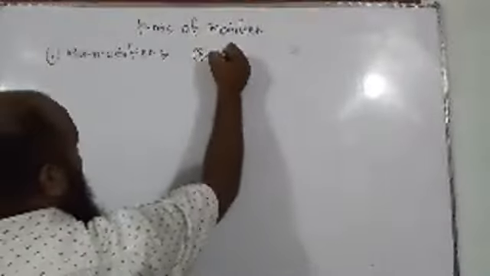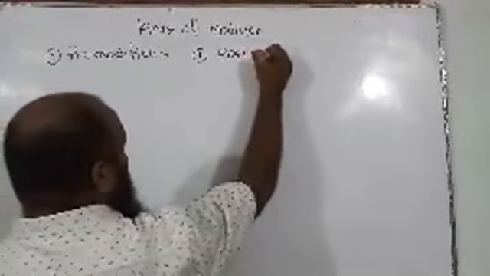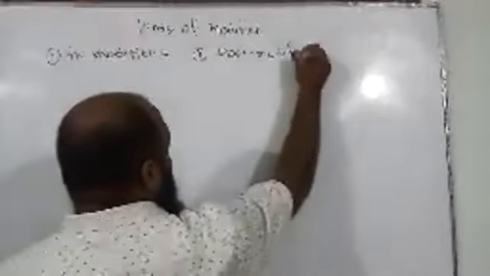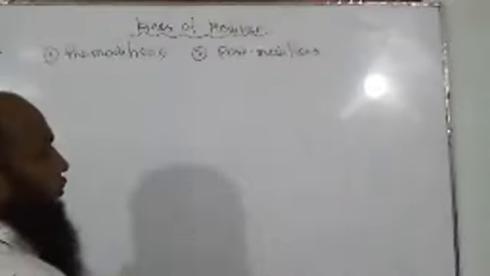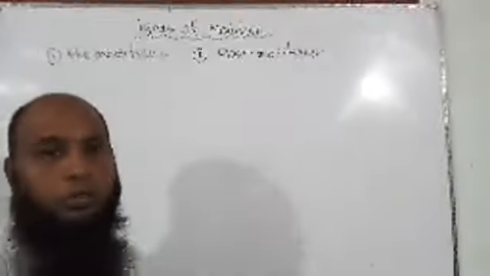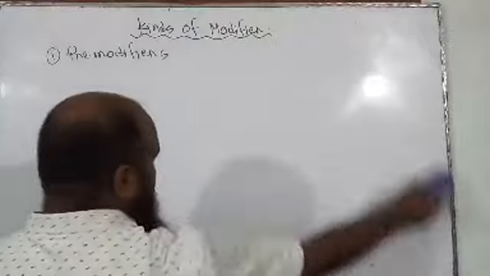Number two, post-modifiers. Kinds of modifiers that we are going to understand: pre-modifiers, post-modifiers. There may be a question, sir, what is pre-modifier and what is post-modifier? I am writing here, write it, and then I am going for pre-modifiers.